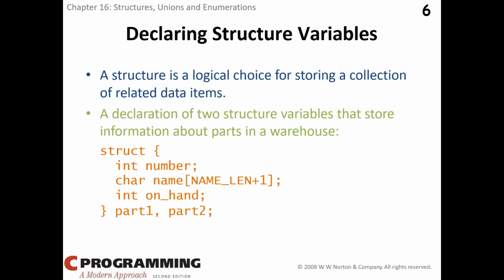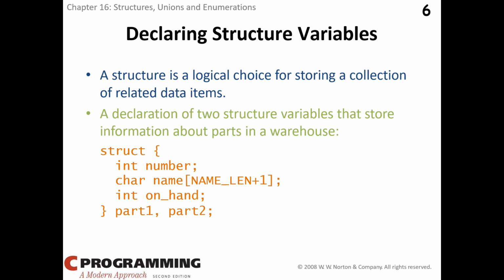Here in the slide, we have an example of how we can declare two structure variables to represent parts in our warehouse. In this declaration, we define a structure containing three members: number, name, and on hand, and each member represents a specific attribute of a part.